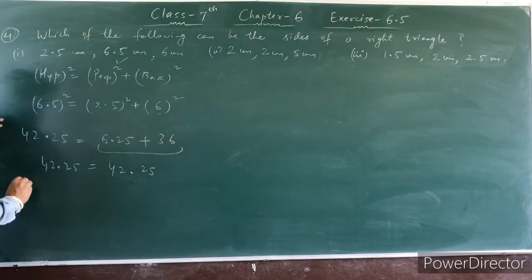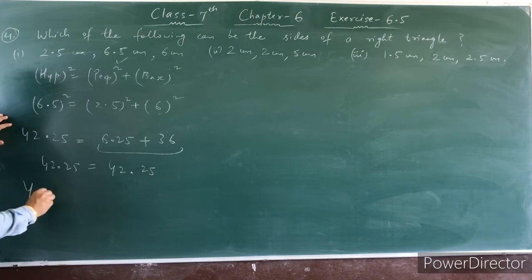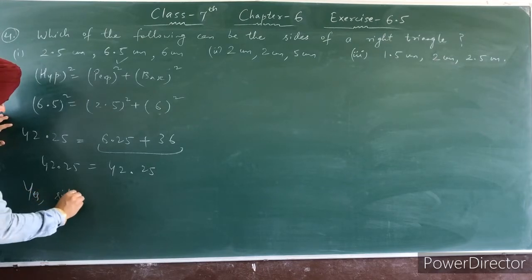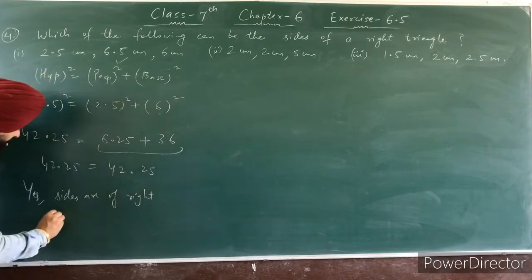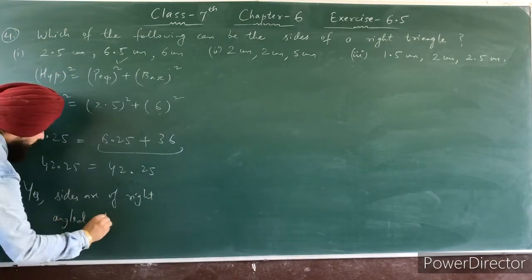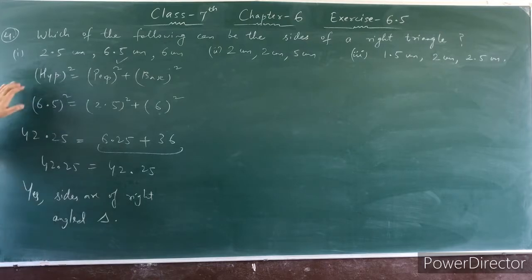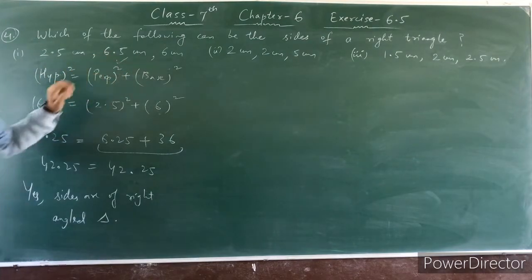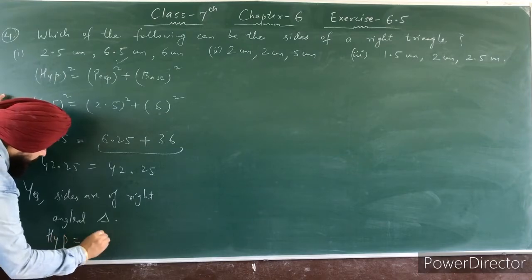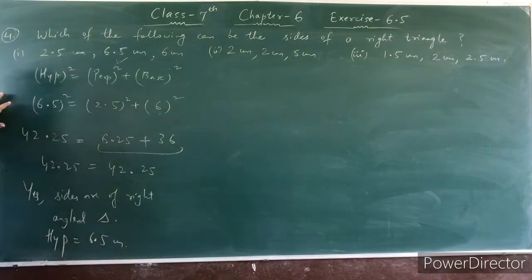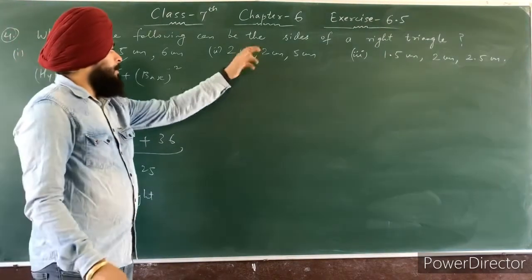So you can write here yes, the sides are of a right angle triangle and the hypotenuse is 6.5 centimeter.